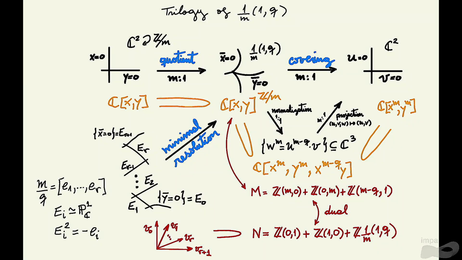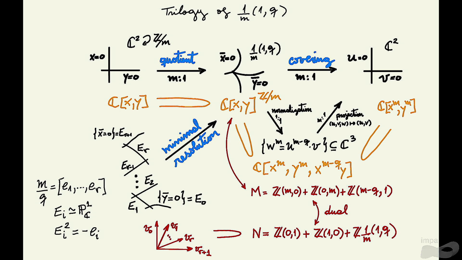So you have these inclusions, and then you can reverse to have the geometric maps. Over here you have the hypersurface corresponding to this, and then you have the projection on UV. This is a ramified map, which is cyclic, m to 1, ramified on u equal to 0 and v equal to 0.